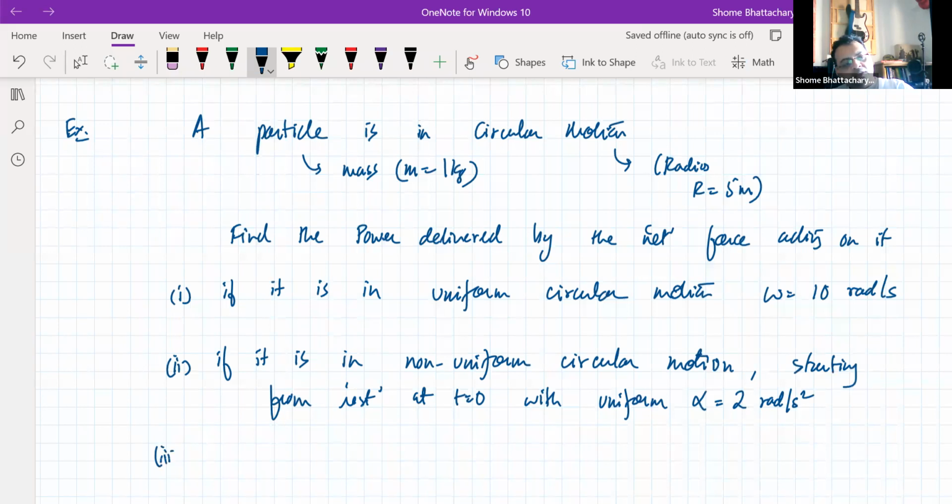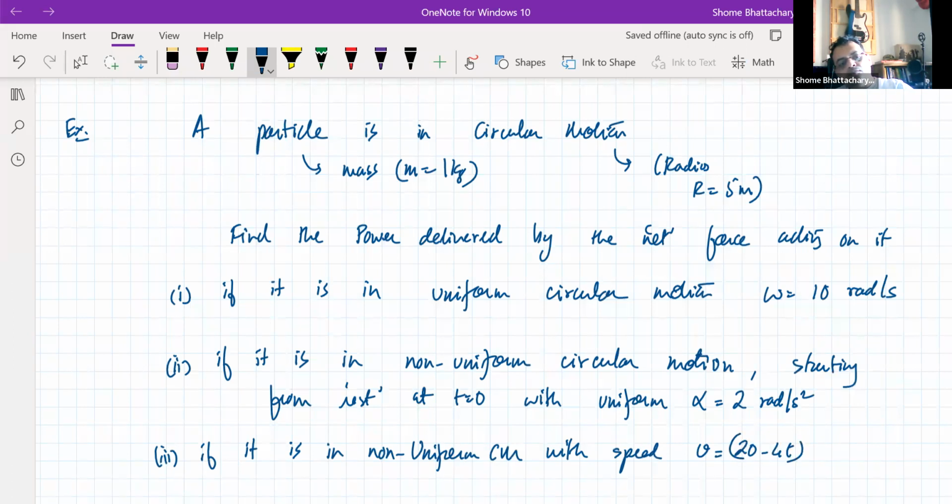And third case, if it is in non-uniform circular motion again with speed varying with time like this. Speed in meters per second, t in seconds.